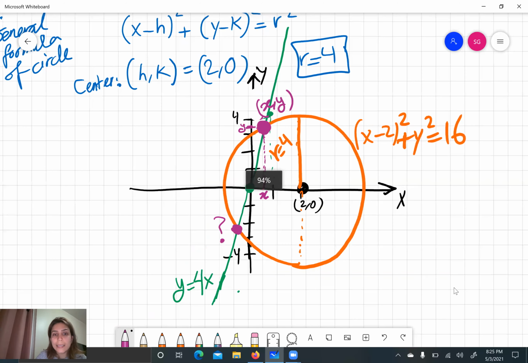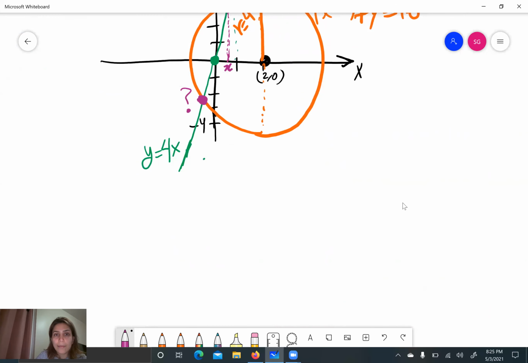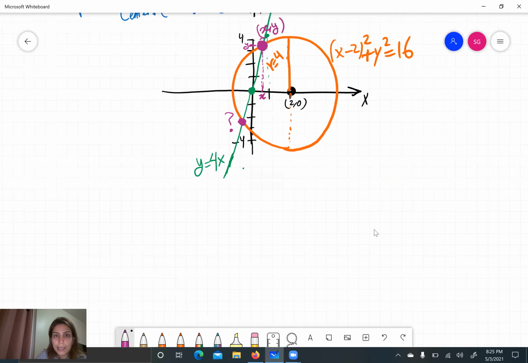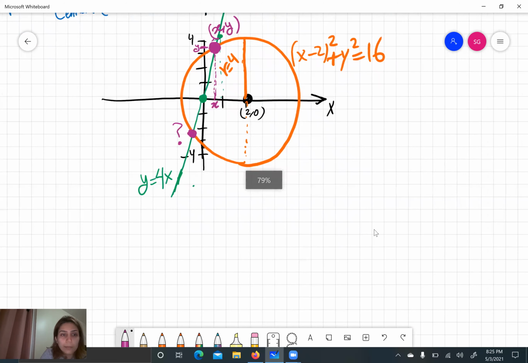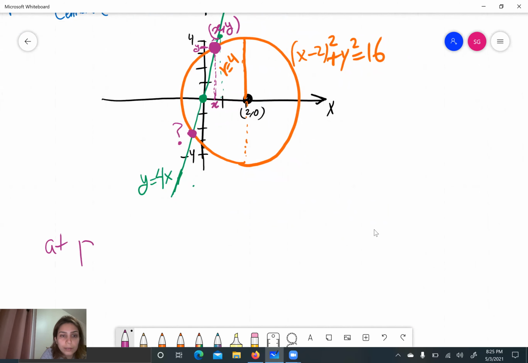So for that reason, maybe I'll write this down. At the point (x, y), and what do I mean by x and y? This intersection point.